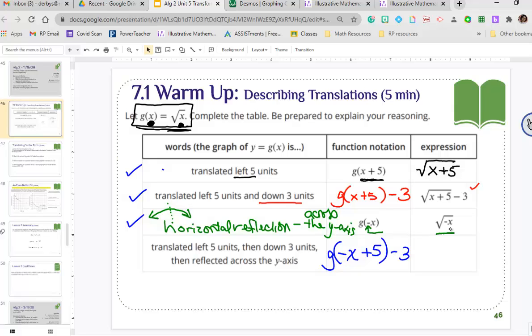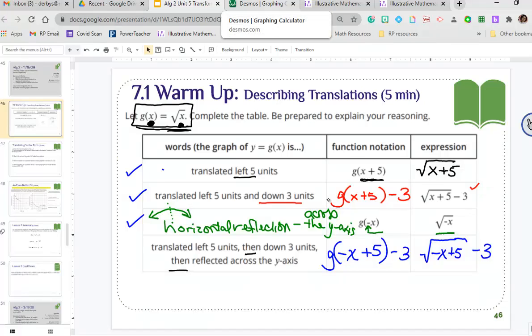And we'd see that same idea all together under the radical symbol, negative x plus 5 under the radical, and then a minus 3 tacked on the end. Now order does matter here. The fact that we are translating it left 5 units first, then down 3 units, then reflecting it across the y-axis. Now I want to bring this home by looking at a Desmos screen.